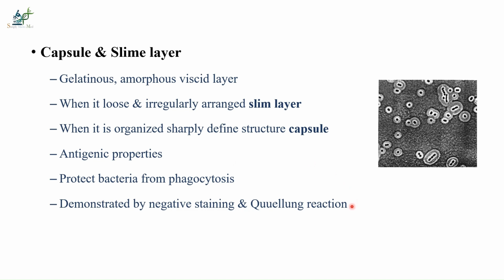Capsulated organisms can be seen by negative staining and the Quellung reaction. This is the negative staining picture of a capsulated organism, and this is the unstained area. You can see this is the capsule, and just inner to the capsule we can see the bacterial cell. That is about the capsule and slime layer.